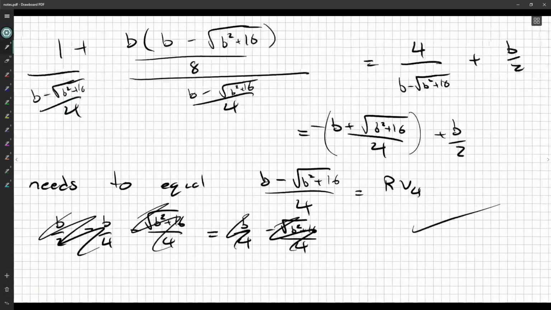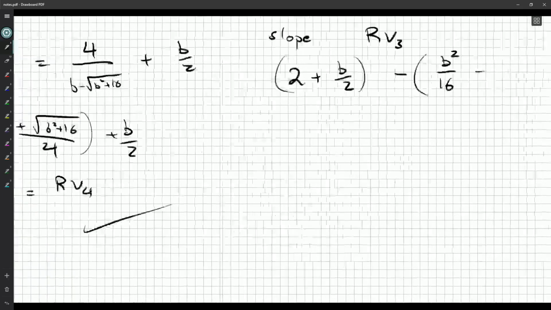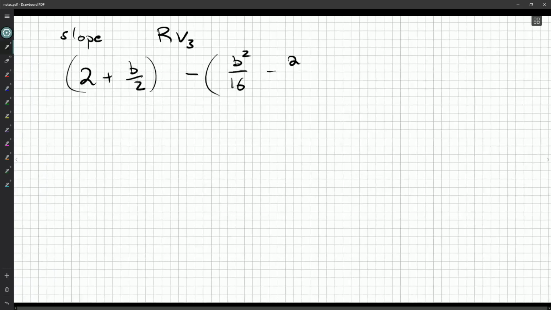So we need the slope of RV3. So that's again 2 plus, we'll do this one slowly. So it's b squared over 16 minus 2 times b times the square root of b squared plus 16.